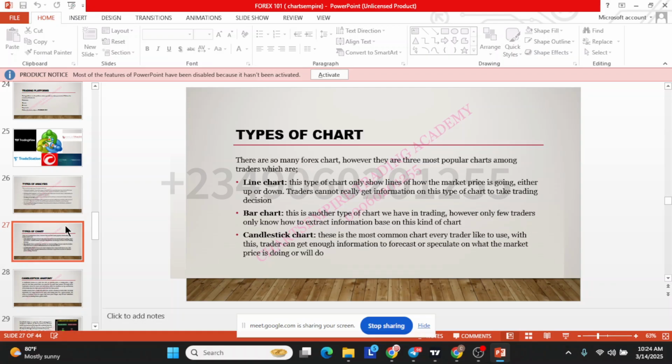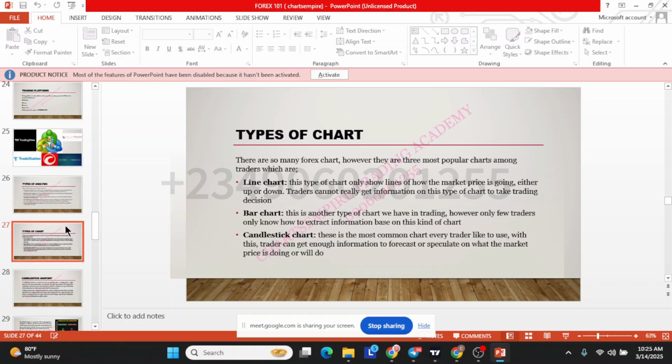It is information that we get from the market about when there are buyers, when there are sellers, and when the market is in a range, that is, the number of buyers and the number of sellers is at equilibrium, they are equal. So the candlestick helps us to understand all of this information, which is what we are going to be talking about.